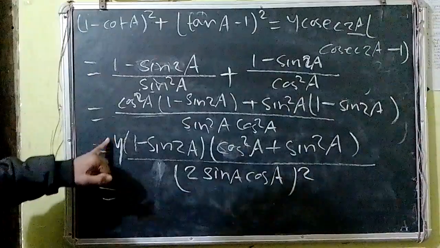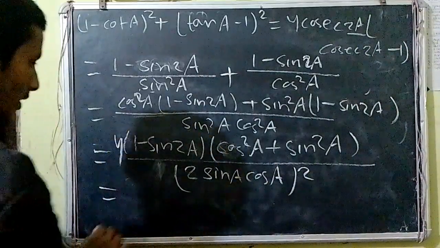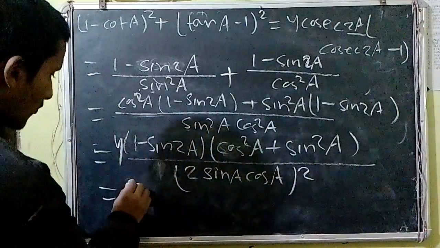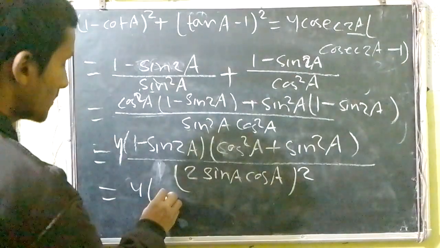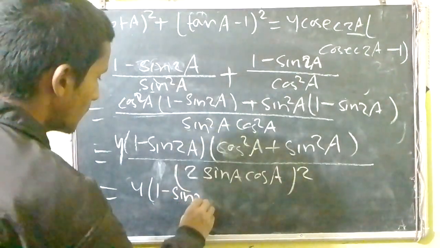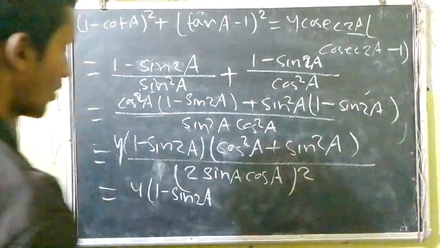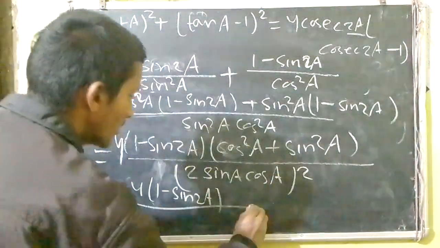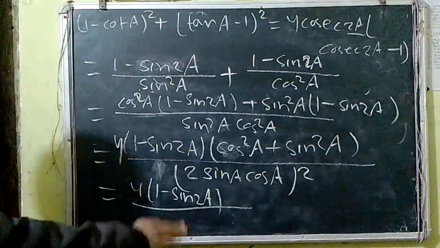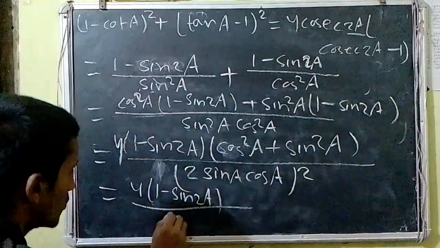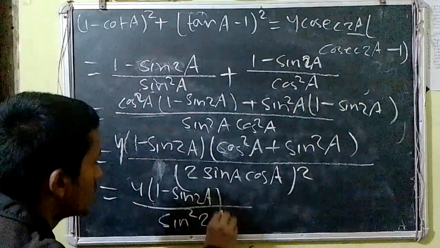Now the 4 has come here, so we are in good hands now. So 4 times 1 minus sine 2a, and this whole thing becomes 1. So no worries. This thing divided by, this is sine 2a, so this becomes sine squared 2a.